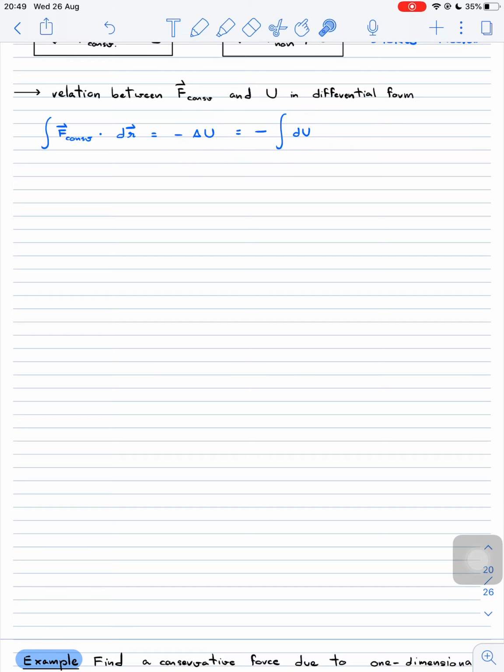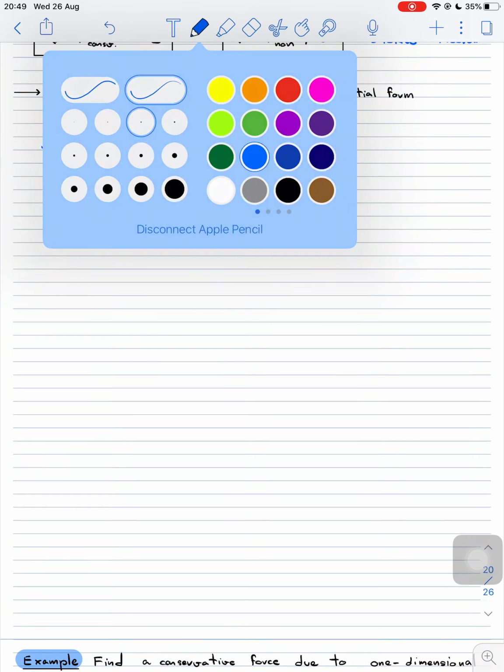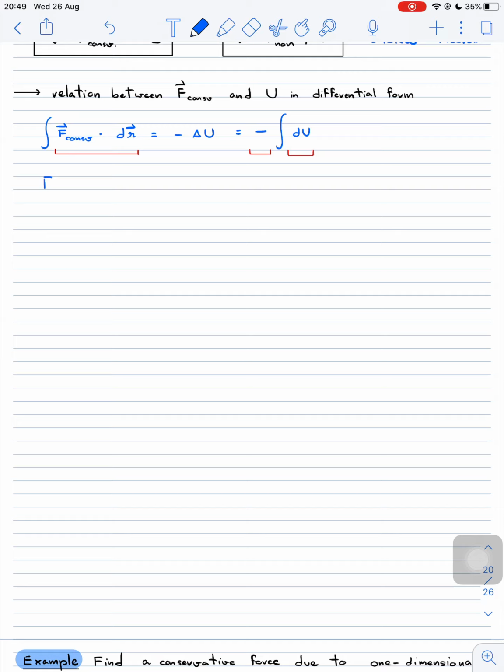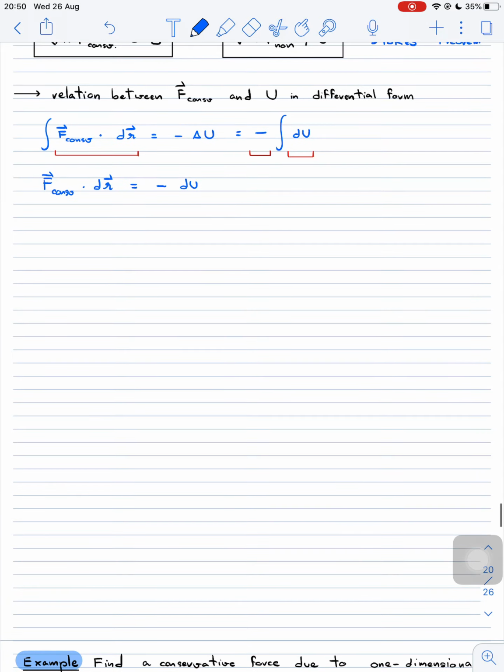Then if we compare the integrands of this integration, including the negative sign, we get that the conservative force dot product with dr is equal to minus du.